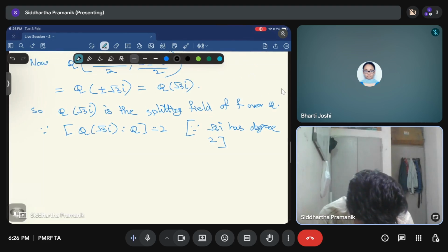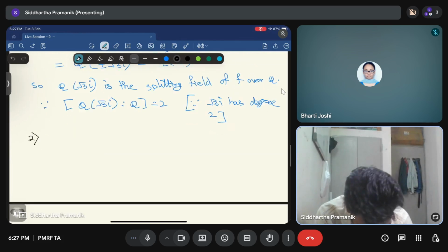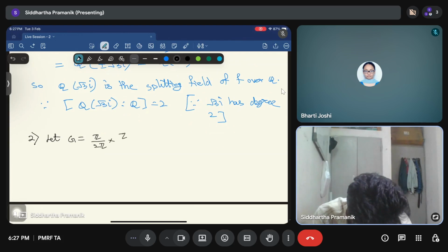Okay, the second one. So let G be the group Z mod 2Z cross Z mod 4Z.